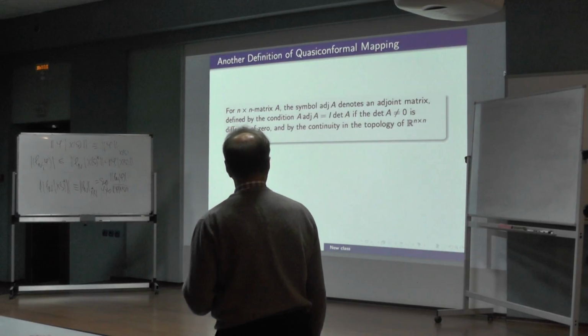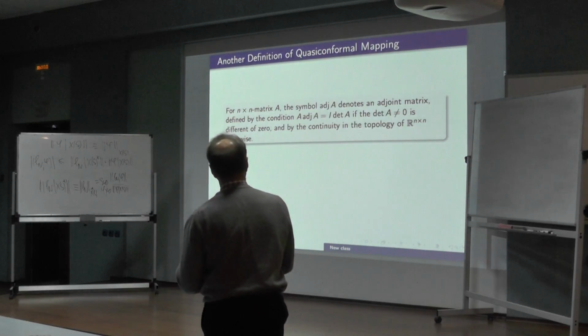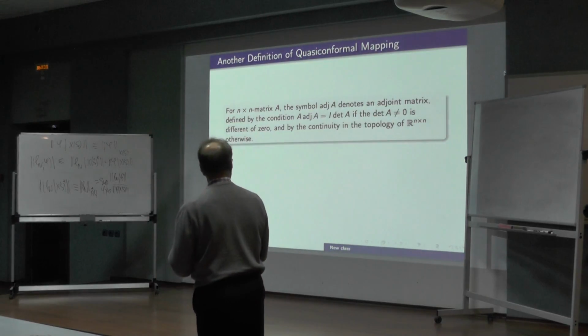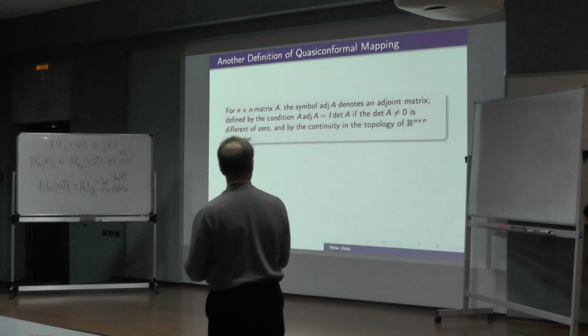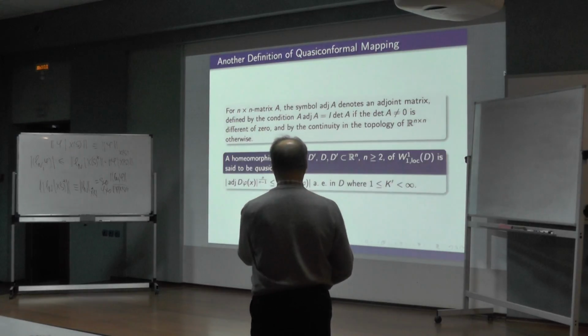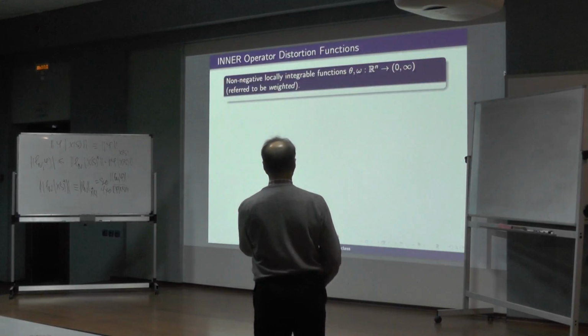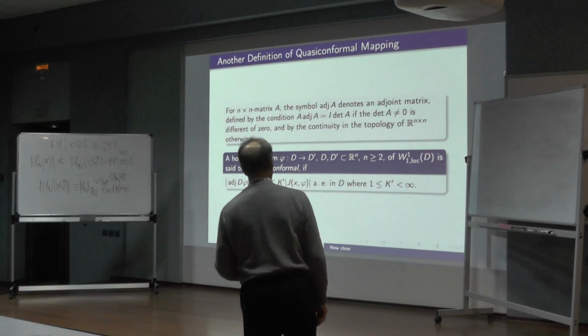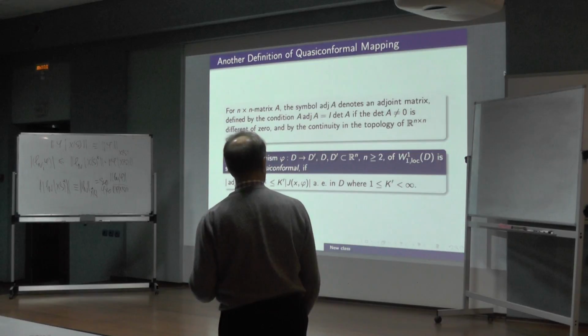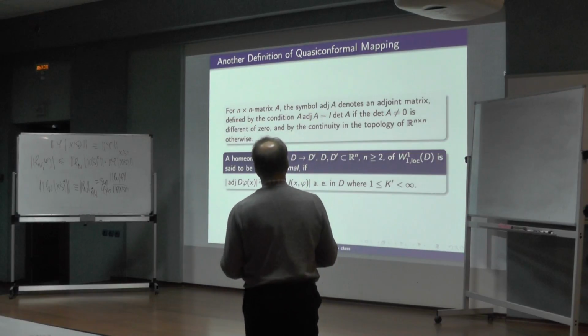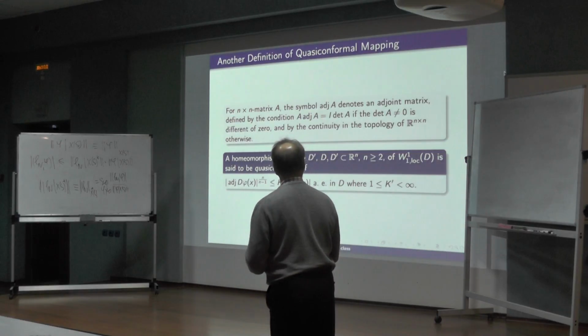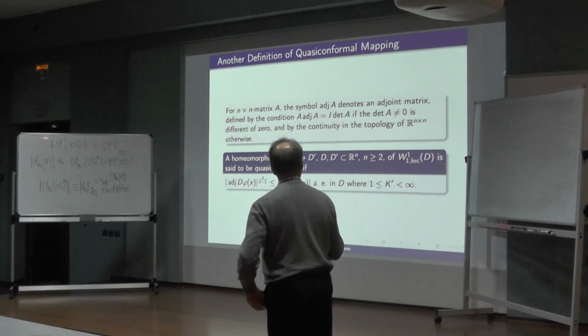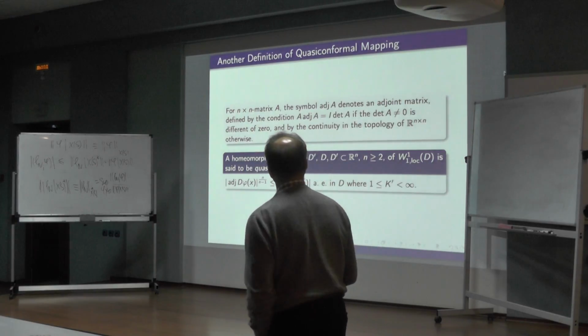Then I give another definition. Another definition requires the concept of the adjoint matrix, and it is connected with the given matrix by this equality. If the determinant does not vanish, and it is extended by continuity in the topology of the operator norm.